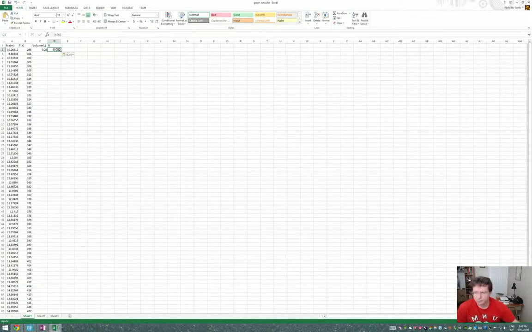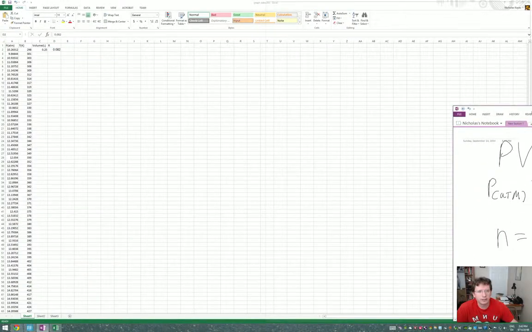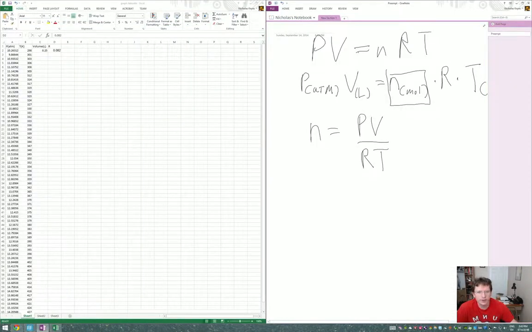Right, so who here had an epiphany when I drew this on the screen? Because this was actually the key to the assignment. This n equals PV over RT. Why do I say that? Well, what does this remind you of? PV over RT. It's a fraction, right?